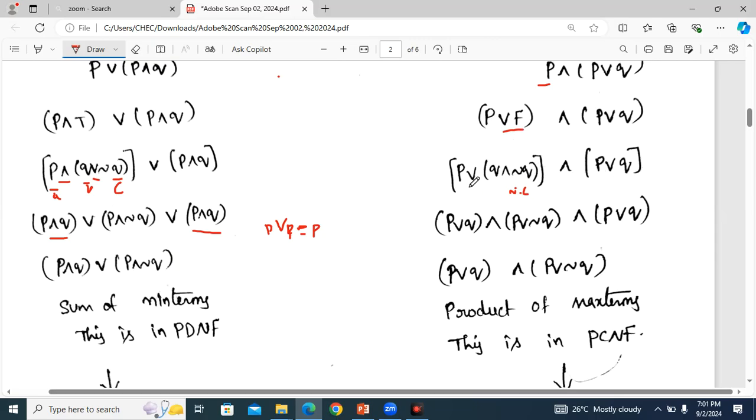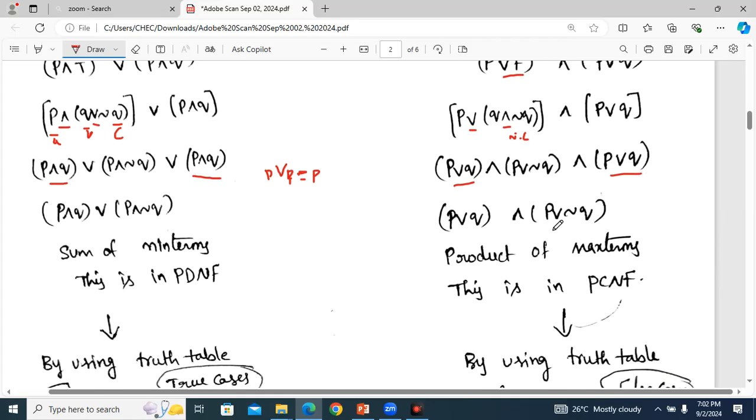Now we apply the distributive law for this statement: (P or Q) and (P or negation Q) and (P or Q). The first term and the last max term are the same.